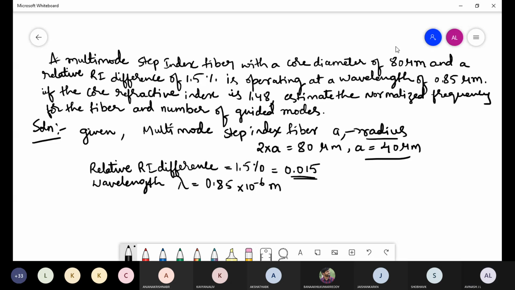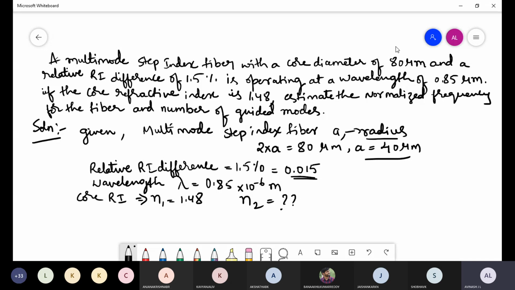The core refractive index is given by n1 equals 1.48. The cladding refractive index n2 is not given.